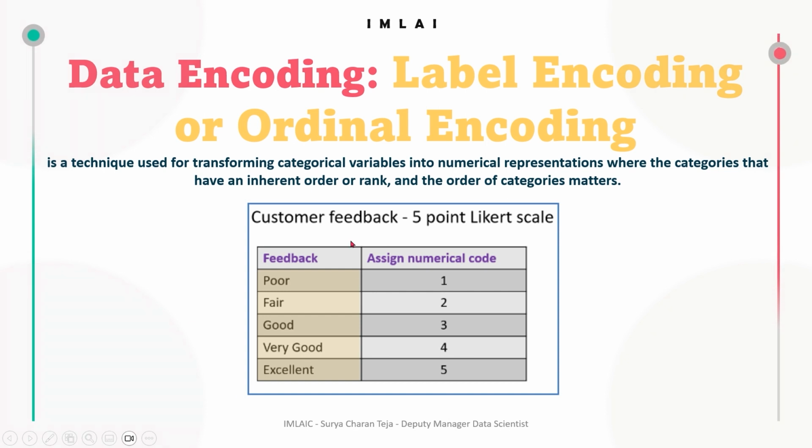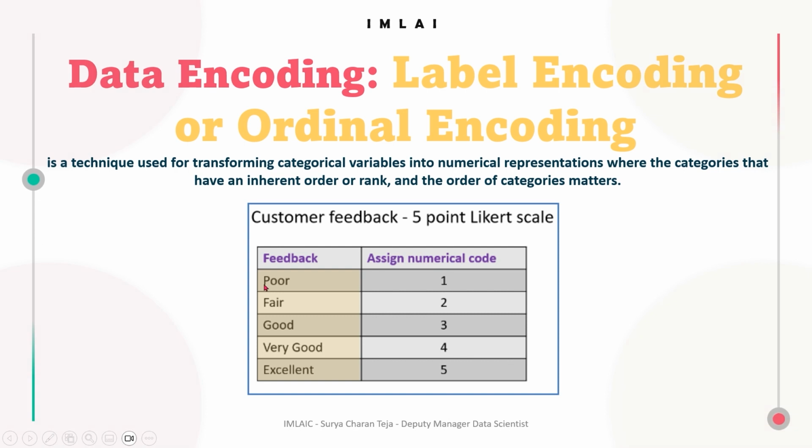Now if I want to encode these categories, which come under the ordinal category, I need to assign a numerical code which has a specific order, because fundamentally this is an ordinal categorical variable. That is the reason whenever I encode this, I need to keep the order in mind.